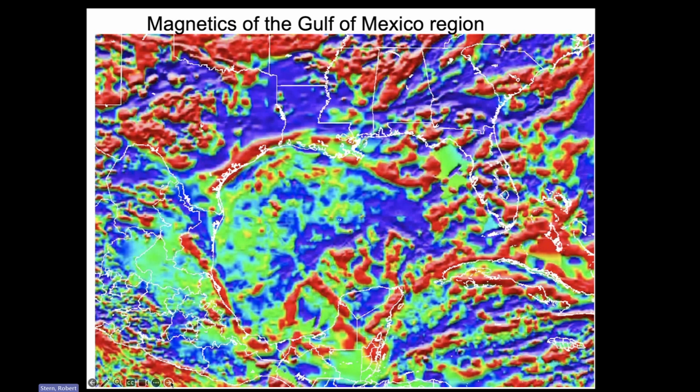Now, this is a magnetic map of the Gulf of Mexico. It might take you a while to focus your eyes on the Rorschach test here, but you can see the outline of the state of Texas, Louisiana, Mississippi, Florida, Yucatan, Mexico. And here's that volcanic rifted margin we think is underneath Houston. And something complicated going on in here.